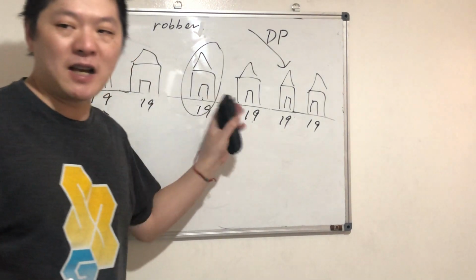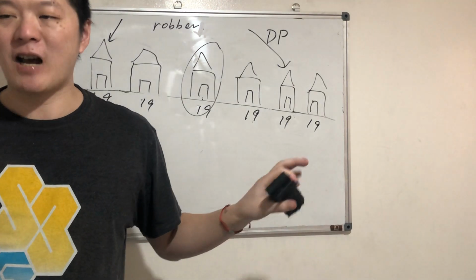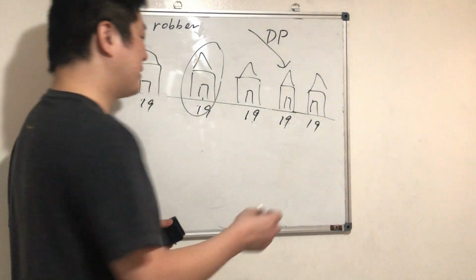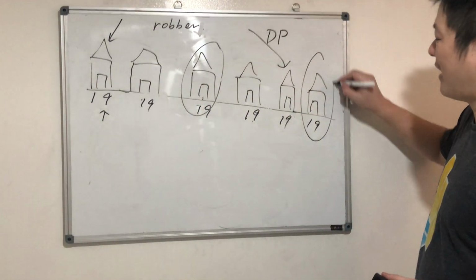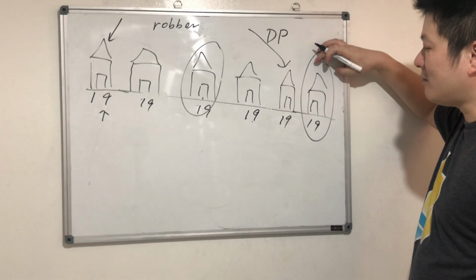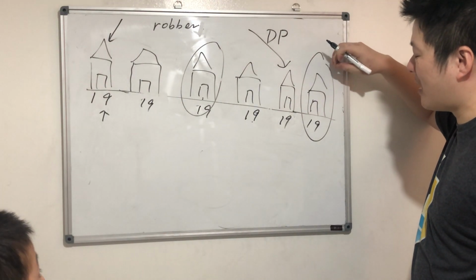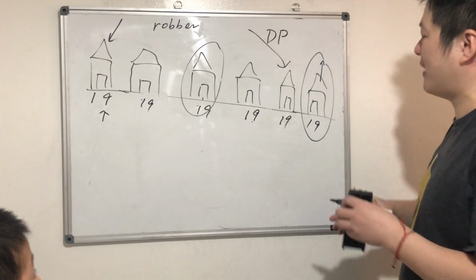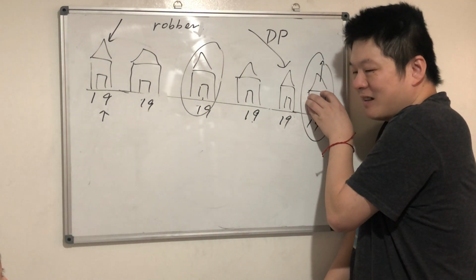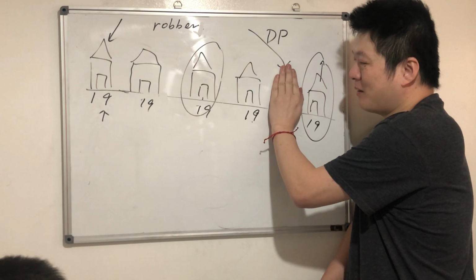Okay, so this search, we call it brute force search, is not ideal. So I give you a hint: dynamic programming. Suppose I'm at the last house. If I collect it, I can't collect this one, I can't pick this one.